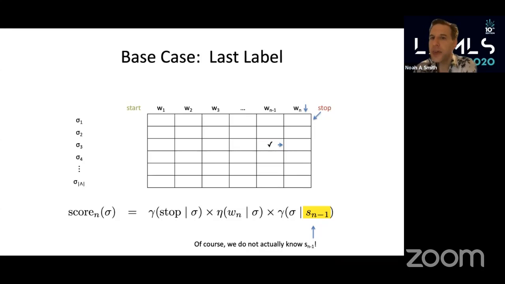If we did, then we could score every possible label sigma for the last word by multiplying together three things: the probability of transitioning from sigma to stop, which is a transition probability; the emission probability of generating the nth word given sigma; and then the probability of transitioning from the preceding state, S sub n minus 1, to sigma.